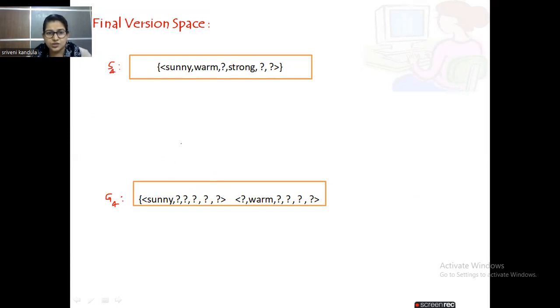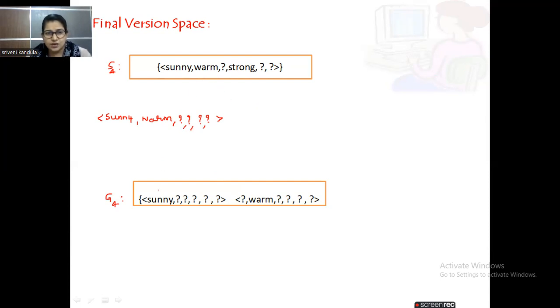Here I have a question mark, here I have warm. Wherever I have a question mark, that should be replaced with a specific value in the version space, followed by the rest of the question marks. At a time, we will replace only one question mark with a specific value.